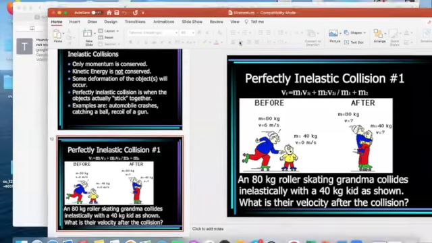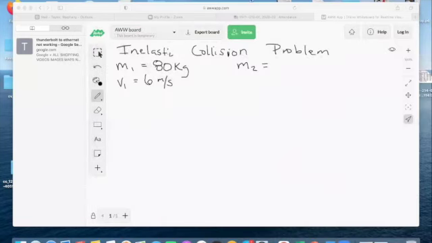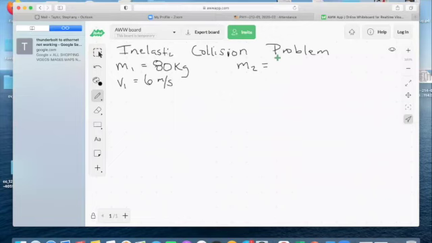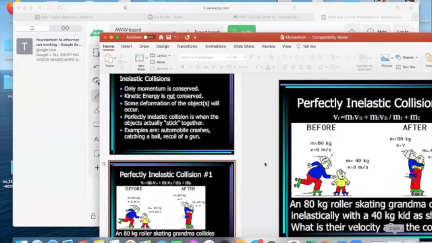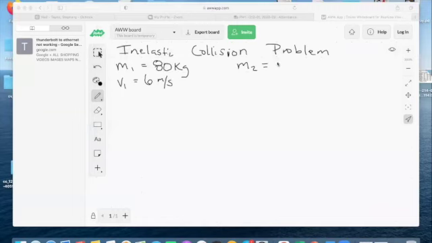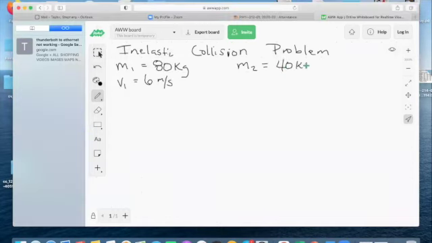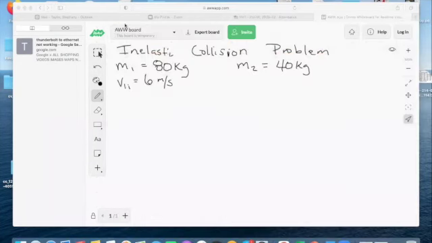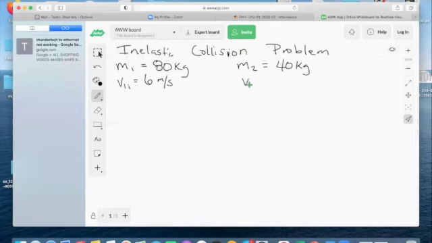So he was going 0 meters per second. And his initial velocity, so let's do V1 initial here, and then V2 initial here for the kid. They told us he was at rest, so that was 0 meters per second.